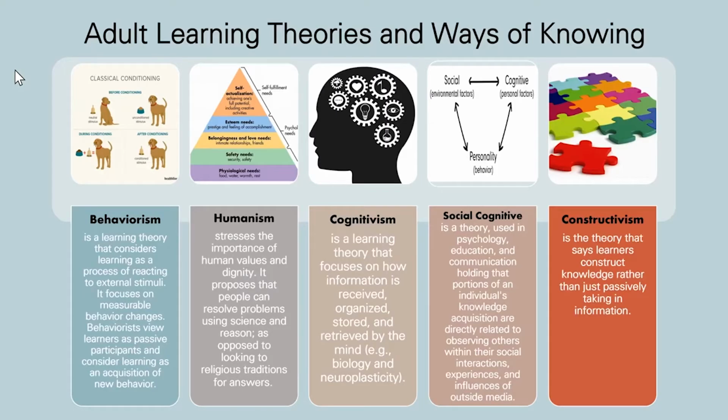Now, when we talk about adult learning theories, there's a variety of ways of knowing. This creates a spectrum. We talked about philosophies, but there are also associated theories of adult learning. The ones we have here range from behaviorism, humanism, cognitivism, social cognitivism, and constructivism.